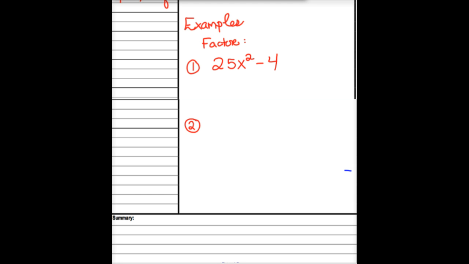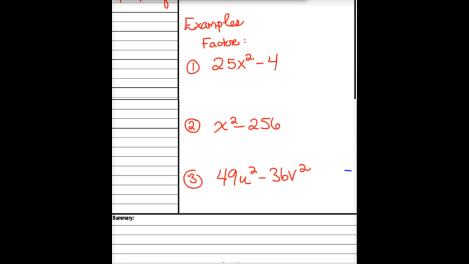Let's go write number 2 down, so drop down a little bit. For number 2, we're going to do x squared minus 256. And last, for number 3, let's choose some different variables. How about if we do 49u squared minus 36v squared?